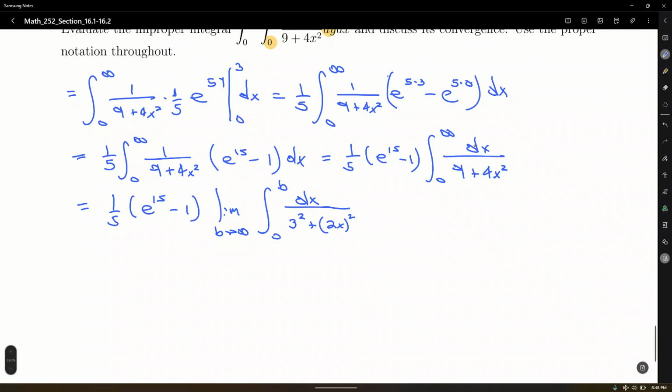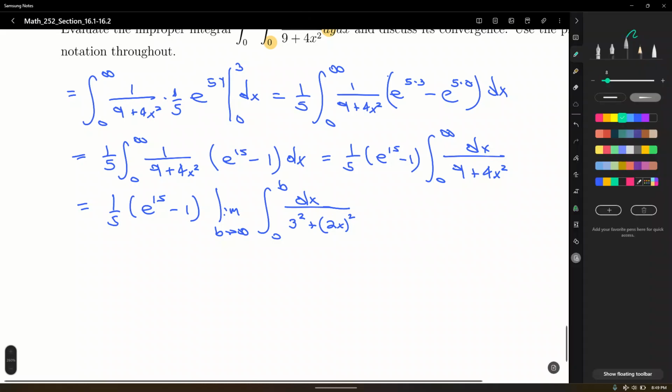That's because from here we can already identify that we're going to deal with an arctan rule problem. Let's identify our a equals 3 and our u equals 2x, for which du equals 2 dx, where dx equals 1/2 du.